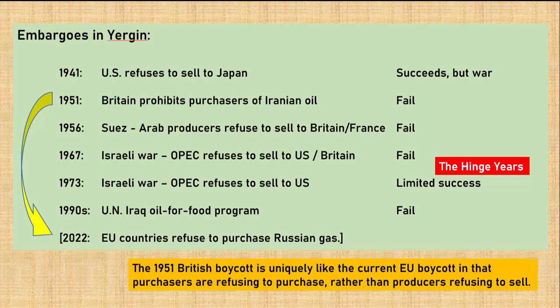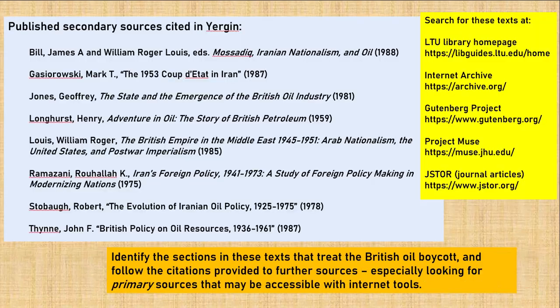One interesting kind of analytical hook or question to ask is, is it different, or why is it different, or how is it different when we try to prohibit the purchase of oil as opposed to a country refusing to sell oil? So now I have not only a theme or a subject, but I have a kind of analytical interest, a kind of outcome assessment that I'm going to engage in with this topic.